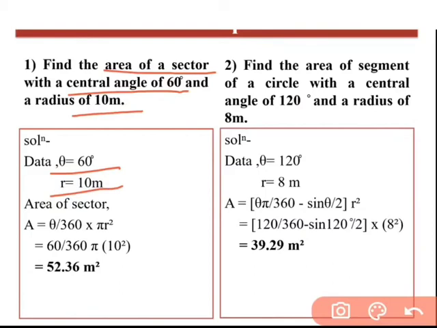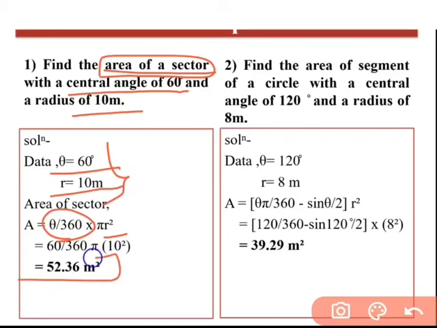Calculate the area of the sector. So the equation of area of a sector is equal to theta divided by 360 into pi r square. So put the value in the equation. So we get the answer, area of a sector is equal to 52.36 meter square.